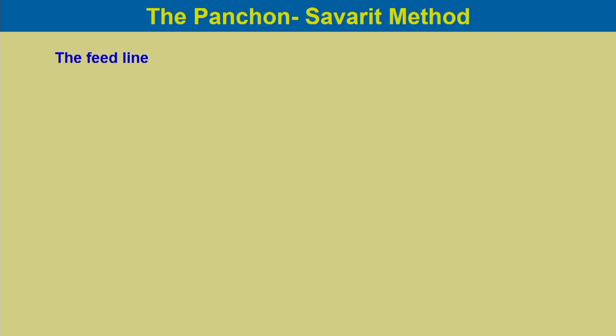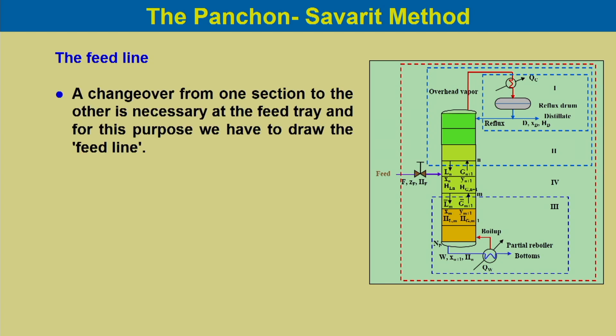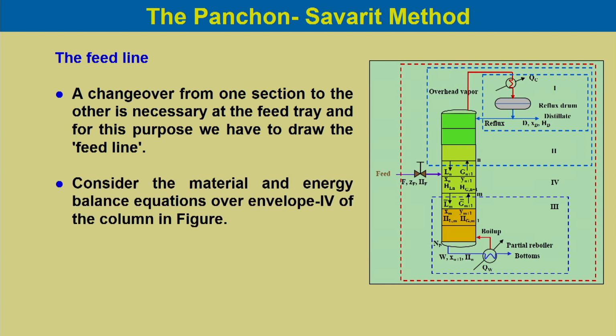Now, let us consider the feed line. So, in this case you have feed conditions which are given and a changeover from one section to the other is necessary at the feed tray, and for this purpose we have to draw the feed line. So, consider the material and energy balance equation over the envelope 4.